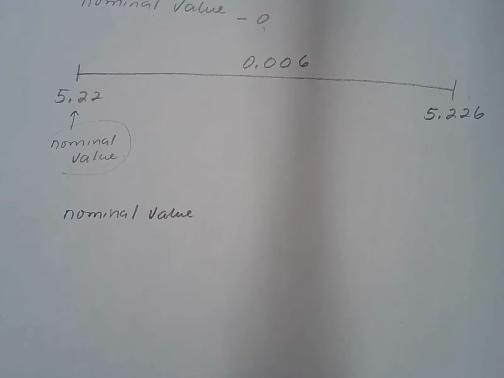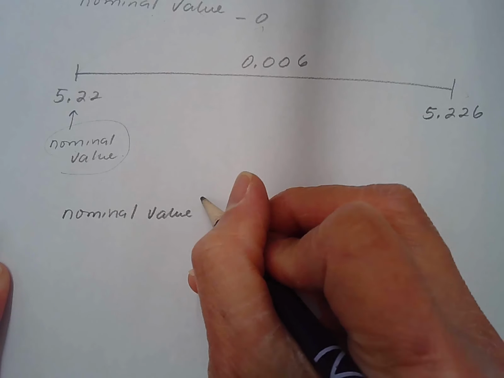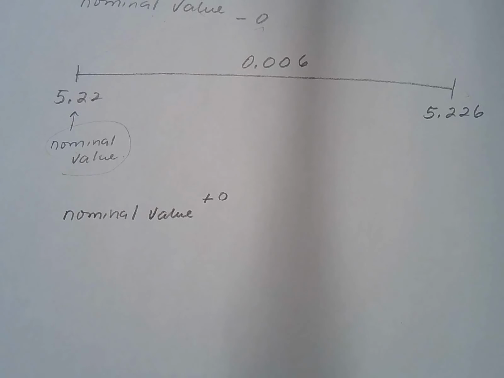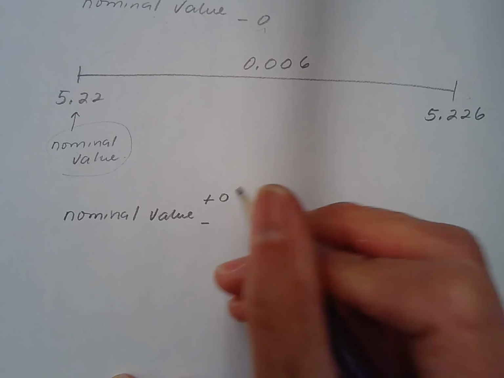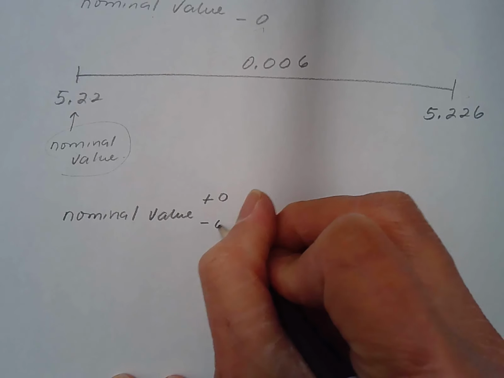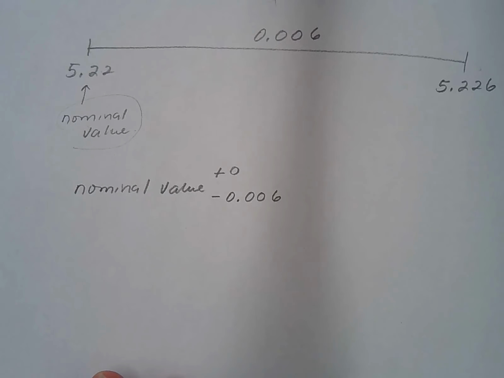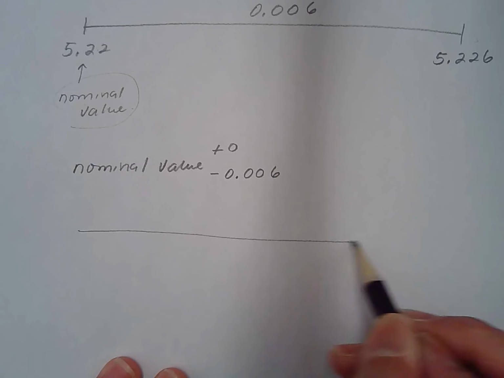Okay, if the nominal value is at the end, that means we have to add 0 because we can't go any higher. So plus 0 minus the full tolerance, minus 0.006.